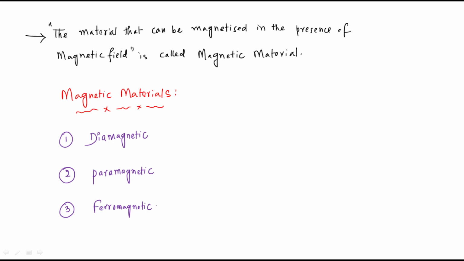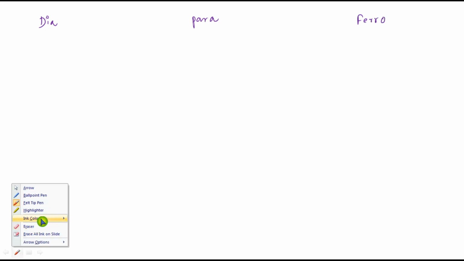So we can go with these three: dia, para and ferro. At a time we can discuss them. Then what is diamagnetic?